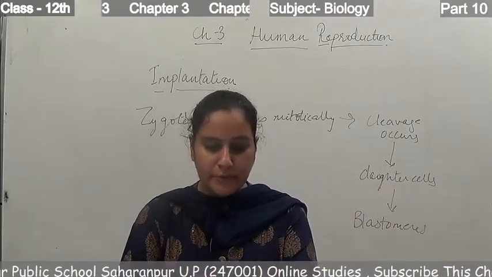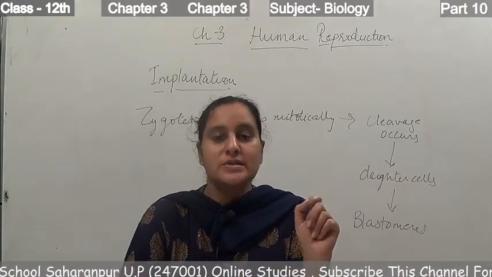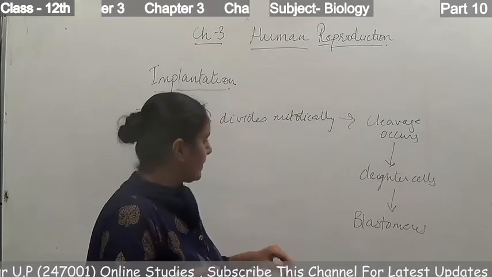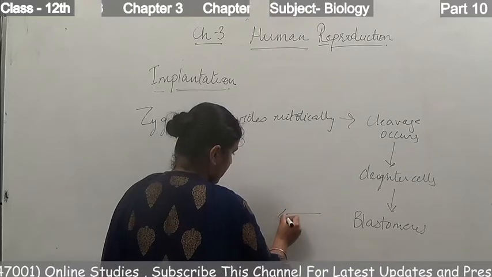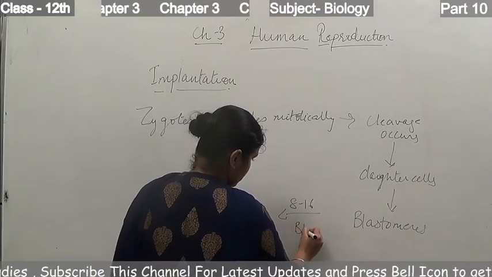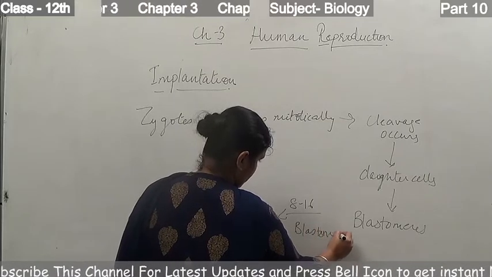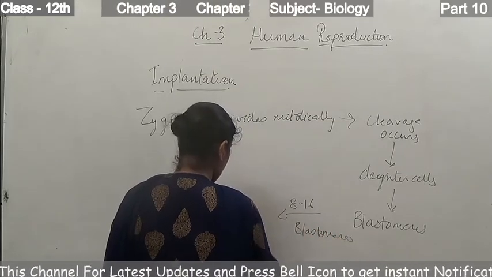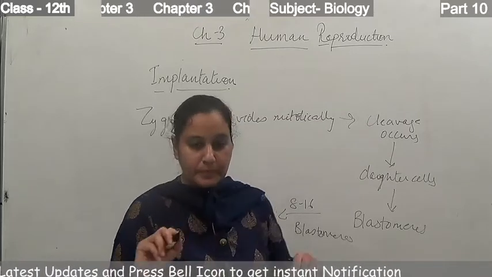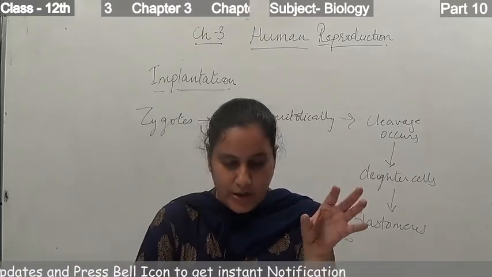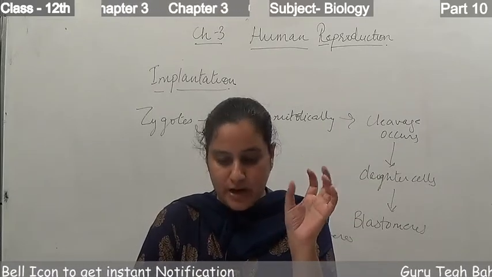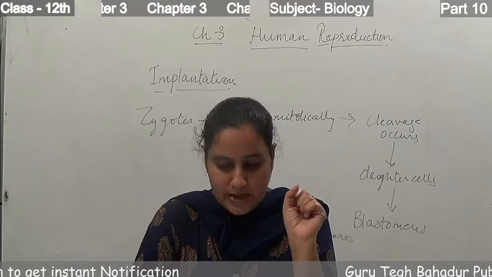Now, the embryo with 8 to 16 blastomeres is known as the morula. This morula continues to divide and transforms into a large mass of cells that is called the blastocyst.